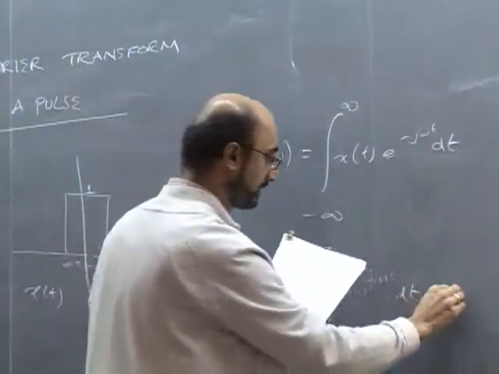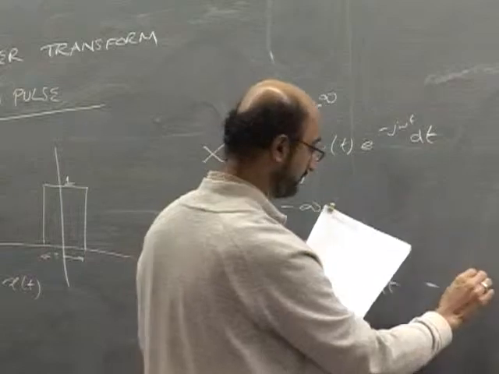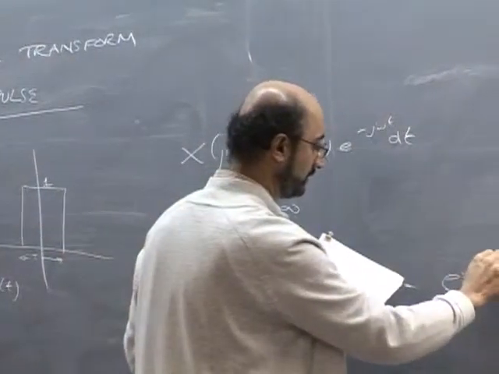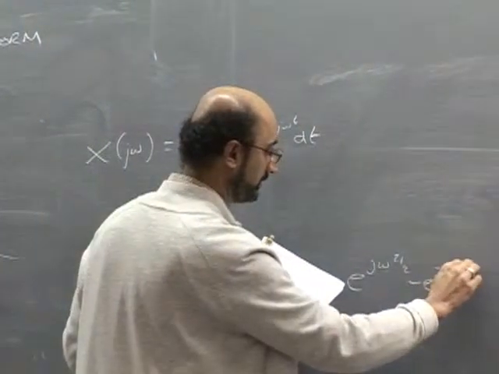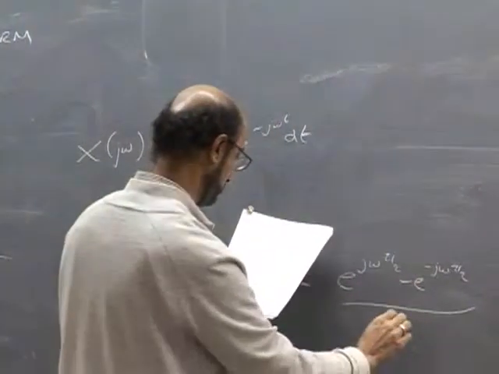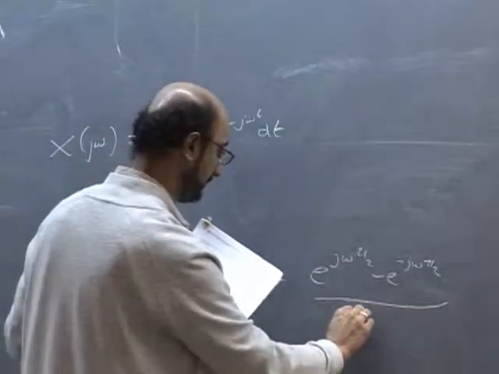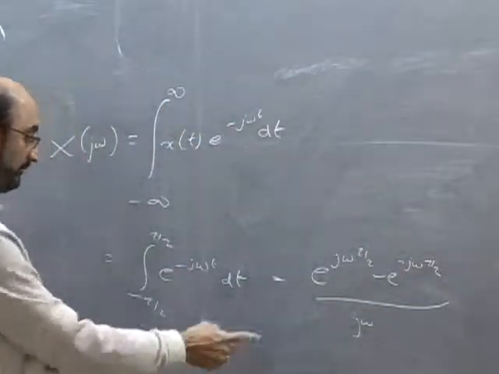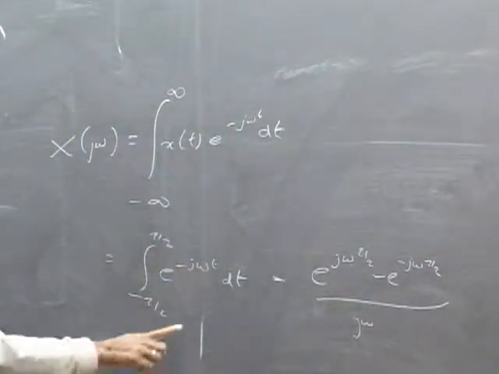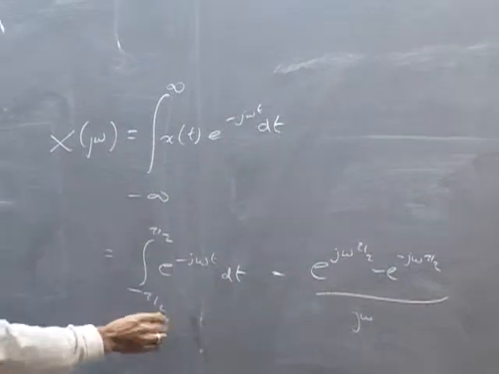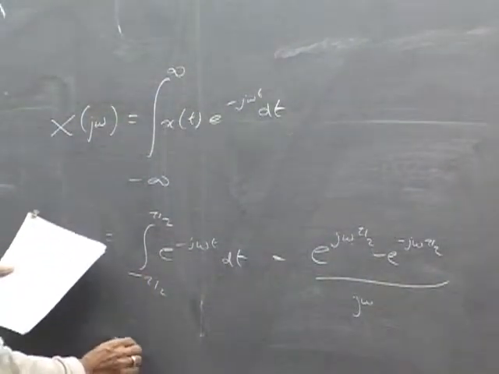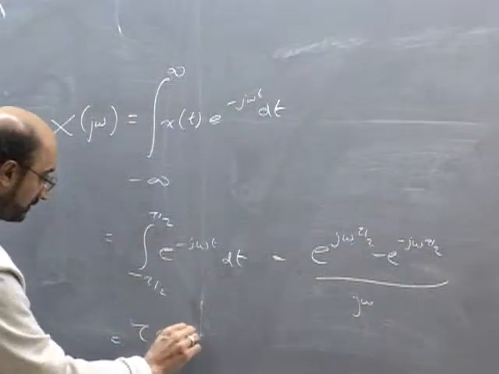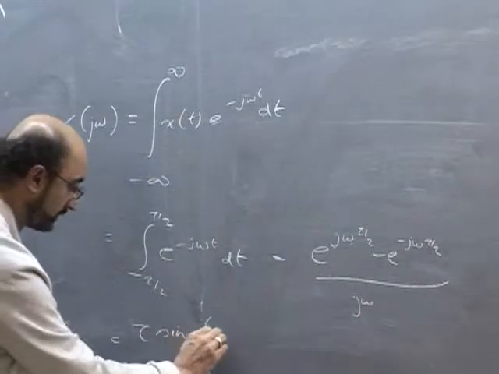And this is nothing more than e to the jω tau by 2 minus e to the minus jω tau by 2, over jω. We notice this as being the sinc function, sin x by x, and with a little bit of simplification, we get essentially tau sinc(ω tau by 2).